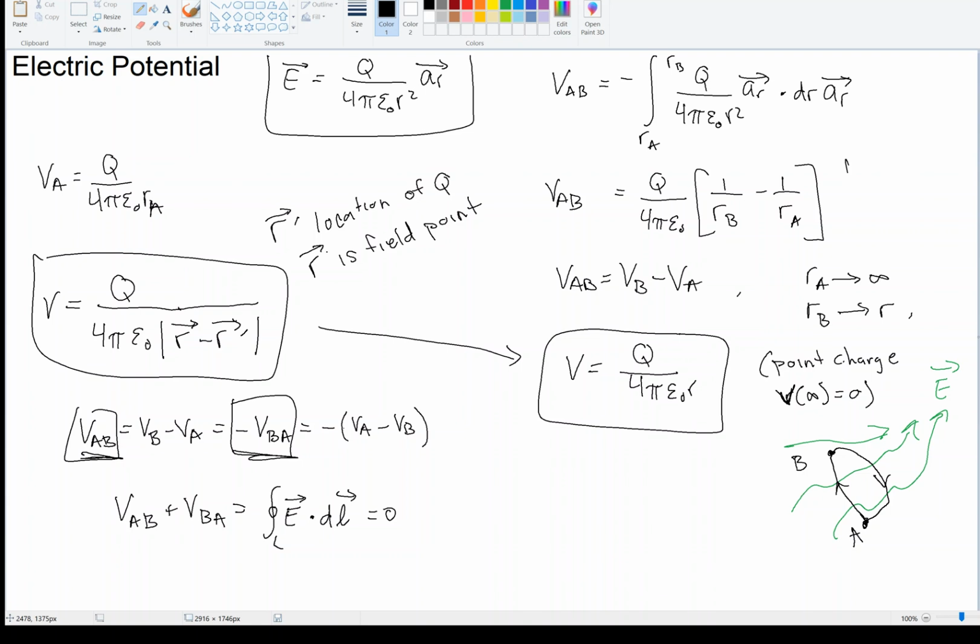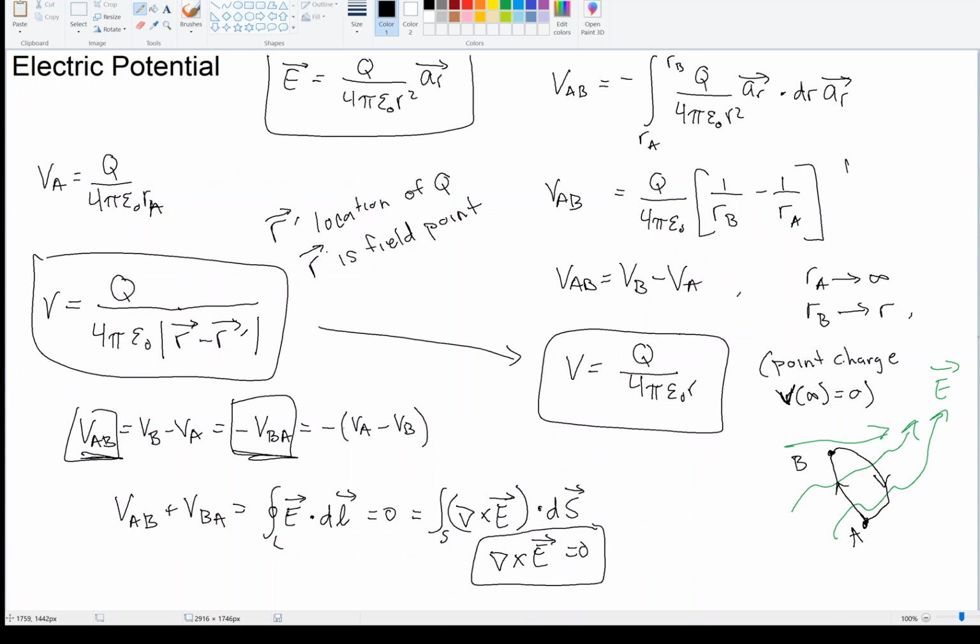And from Stokes' theorem, which relates a closed line integral with a surface integral using the curl, the only way for this to be 0 is that the curl of E is equal to 0.